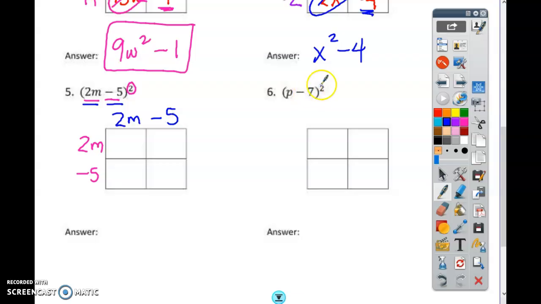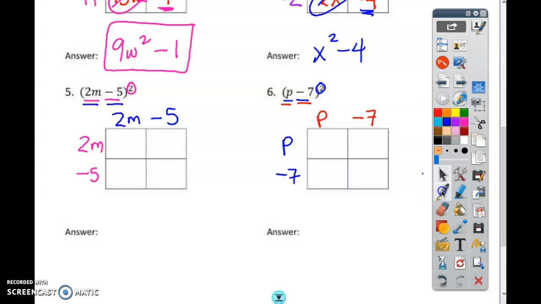Same thing here. It's squared, so it's p minus 7, and it's p minus 7. Go ahead and start filling in the boxes by multiplying. Multiply these two, multiply these two. Pause the video. Let's see if you get the same answer that I get.